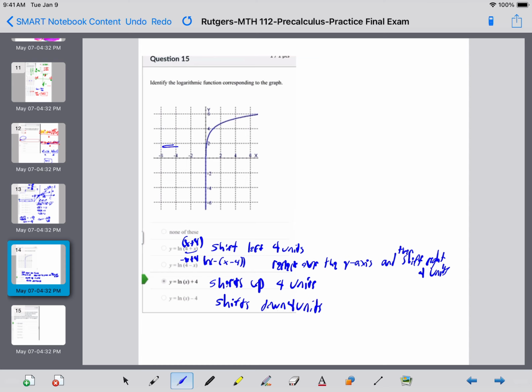So it didn't shift left or right because the vertical asymptote of x equals 0 would have shifted with it, and it didn't. So we could immediately eliminate the shifting right and the shifting left one.